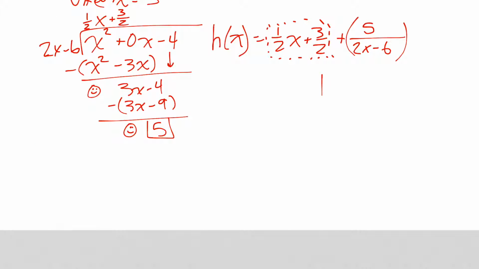And so let's graph what we know. Let's go 1, 1, 1, 1, 2, 2, 2, 2. Yay, Mr. Reed can count to 2. So, what's my y-intercept? My y-intercept is 3/2. So right there. And the slope is 1/2.